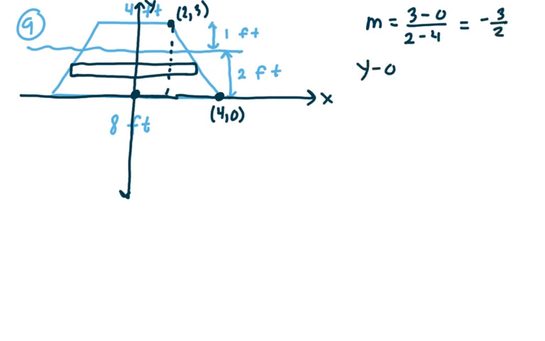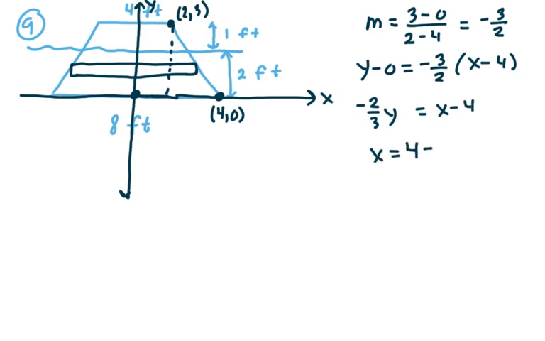So y minus 0 is negative 3/2 times x minus 4. So negative 2/3 y, right, is x minus 4. So x is 4 minus 2/3 y.